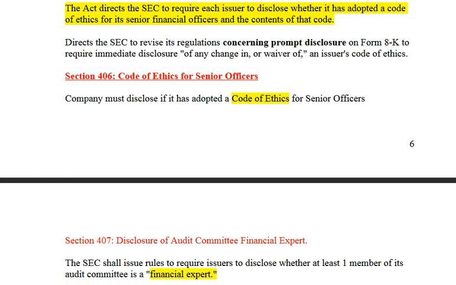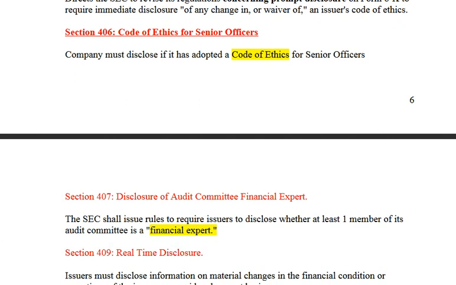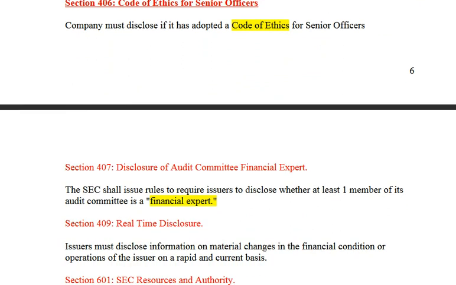It directs the SEC to revise its regulation concerning prompt disclosure on Form 8-K to require immediate disclosure of any change in or waiver of an issuer's code of ethics. Section 406. Code of ethics for senior officers. A company must disclose if it has adopted a code of ethics for senior officers.